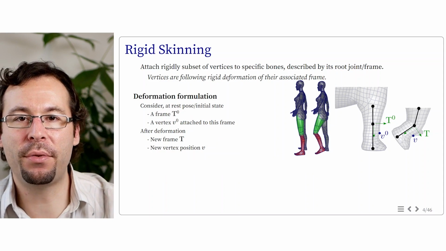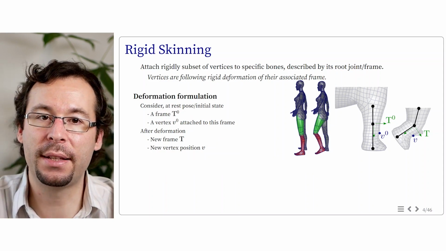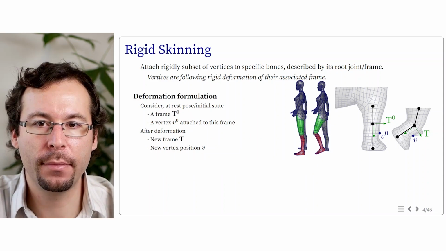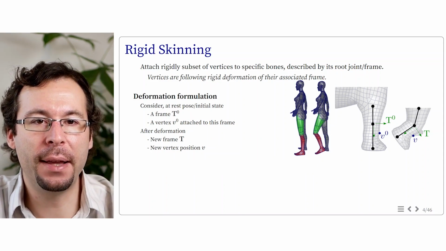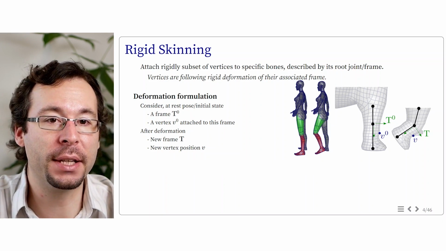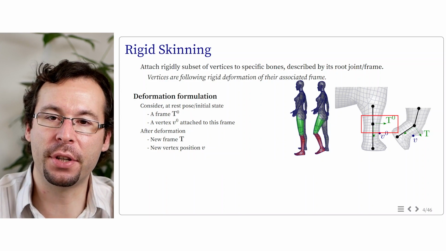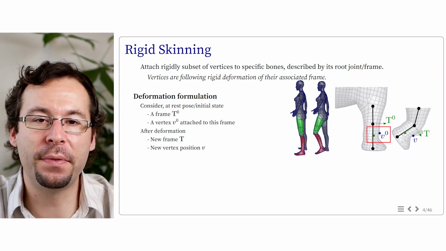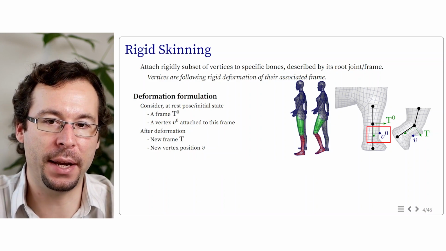So we consider that we have a rest pose state where we typically perform the vertex attachment. In this rest pose, the frame representing the joint has coordinates given by the 4x4 matrix T0, or a rotation and a translation, which is similar. And we consider a vertex V0 attached to this frame.